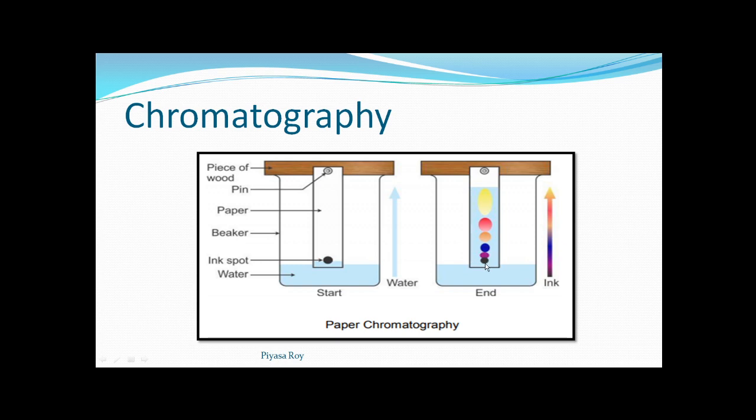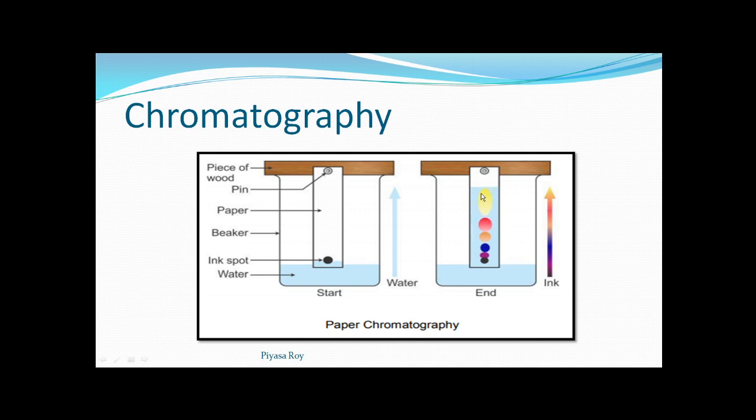Here you can see the velocity of the spots, or the rate of absorption, is different for different components of the mixture. So they will form the spots in different places.